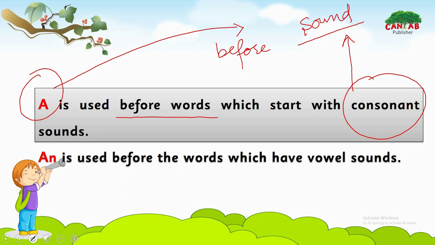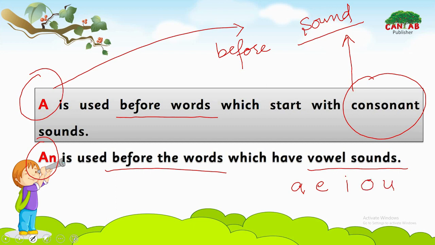And secondly, an is used before the words which have vowel sounds. So whenever we have those 5 mentioned alphabets that are termed as vowels, that is A, E, I, O, U, before that an shall be used.